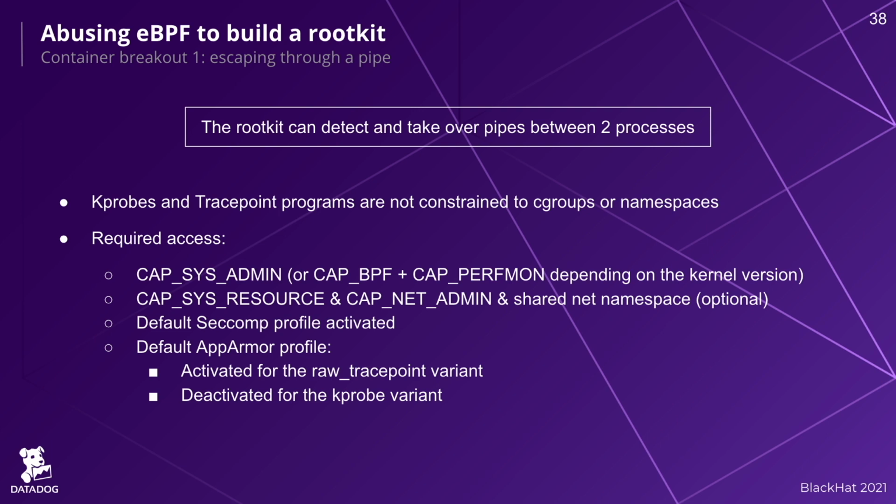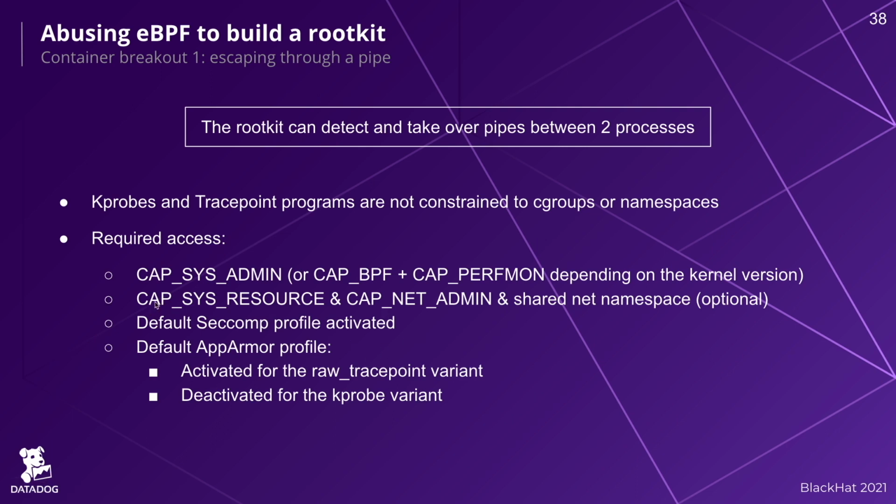Let's talk about required access. As said before, we assume that you have potentially breached a service that has access to eBPF. This means that this service has at least CAP_SYS_ADMIN, or CAP_BPF and CAP_PERFMON, depending on the kernel version. Then we add other kernel capabilities because we want to demo this container breakout through command and control.